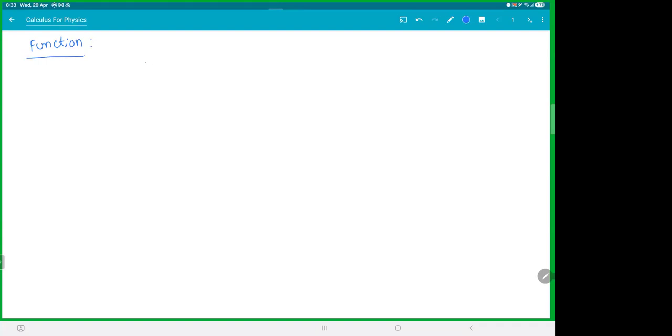We say y is equal to f of x. I'm not sure if you have seen something like this, but you will keep seeing this a lot later on. This is how it is pronounced: y is a function of x. And what is the meaning of this? The meaning of this is there is a quantity called y which depends as a function of x.